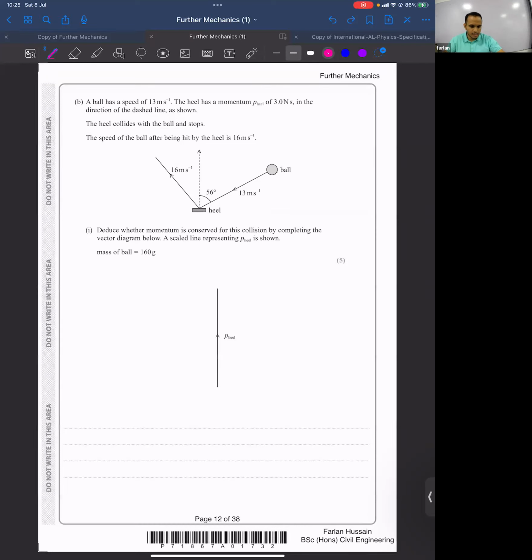So which means the scale they have used is 1 Newton second equals 2 centimeters. Correct, no? 3 Newton seconds they have represented with 6 centimeters. So 1 Newton second is 2 centimeters.